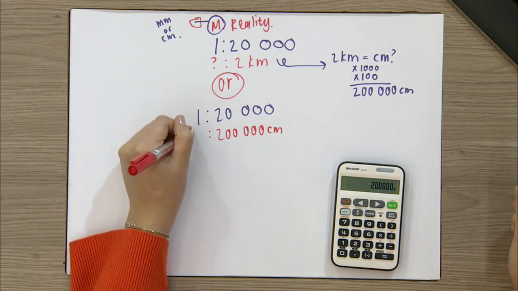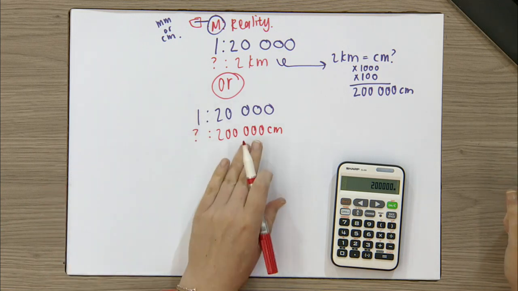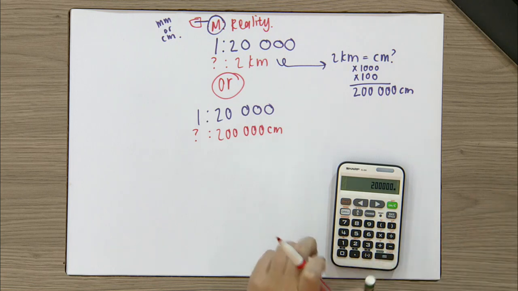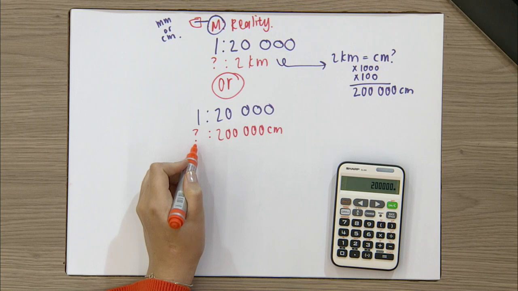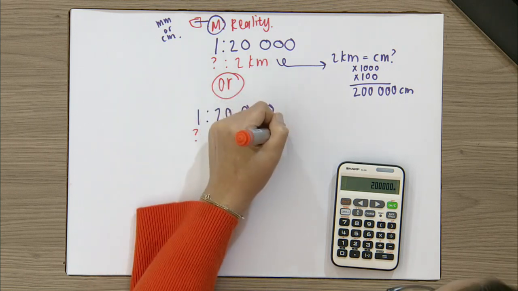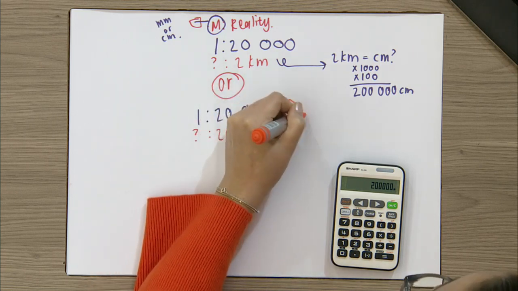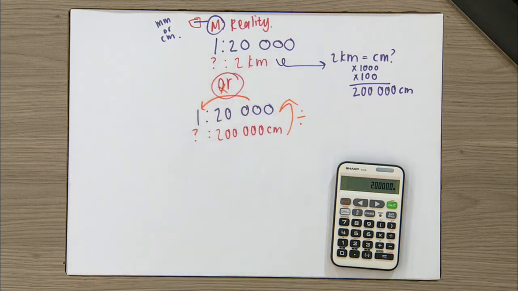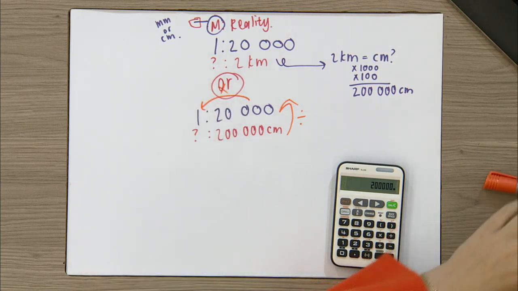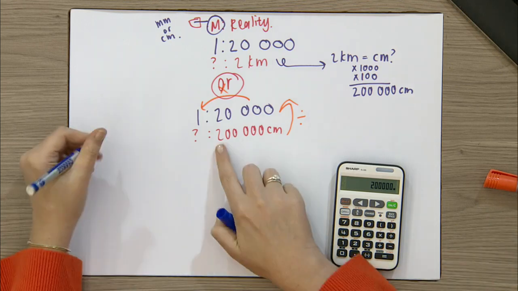And now from here, I can determine how many centimeters it will be on the map. So remember, grade 12s, if we do the magic method, what we will need to do is we will need to see, this is what I'm missing, the map distance. So I will divide up and multiply across. So in other words, I always need to still write out what I'm doing.